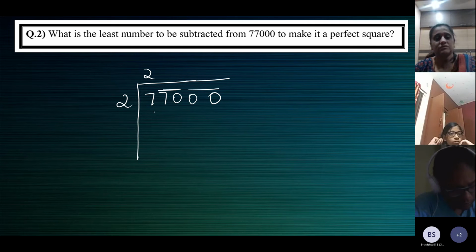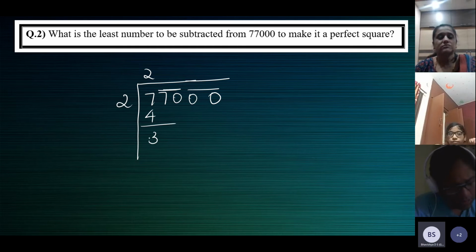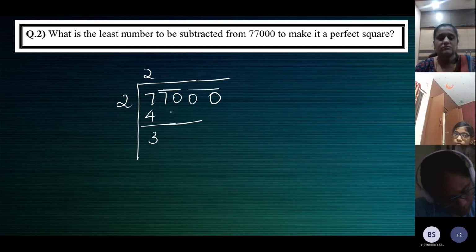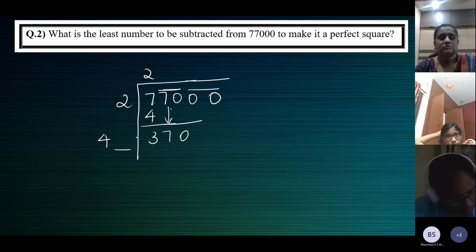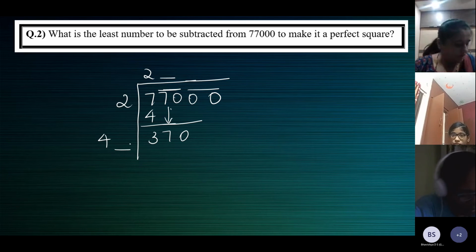Correct. So I got the remainder 3. After that, I have brought that 70 down, so I got 370. 2 into 2, I have got 4. Yes, you're right so far.